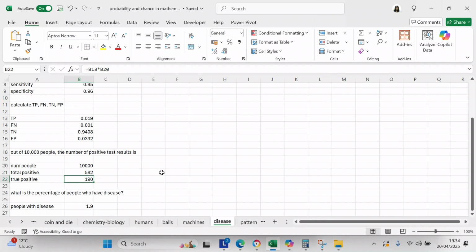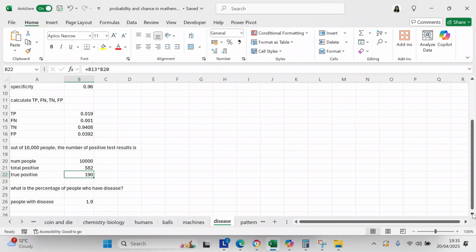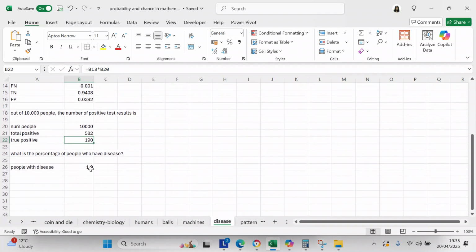So the total positive is 582, but the true positive is 190. It says, what is the percentage of people who have disease? And B22 divided by 220 times 100. So it's 1.9% of people have the disease.